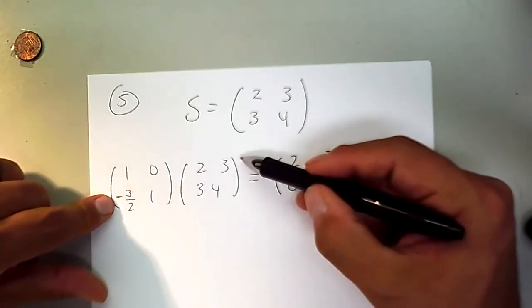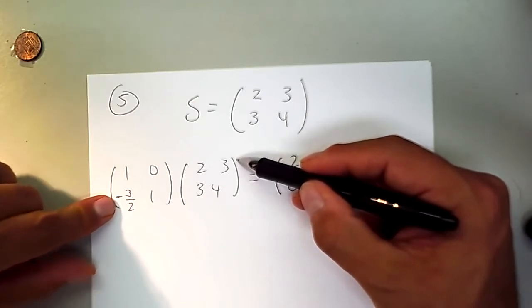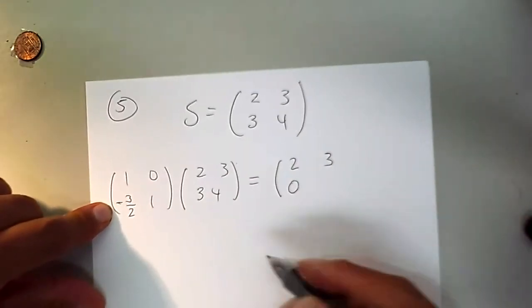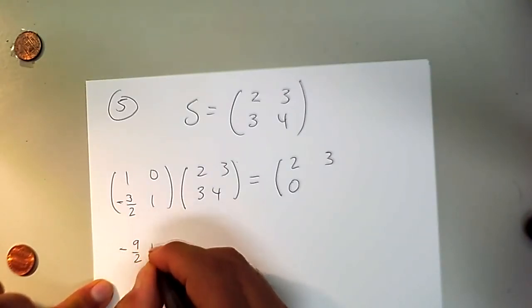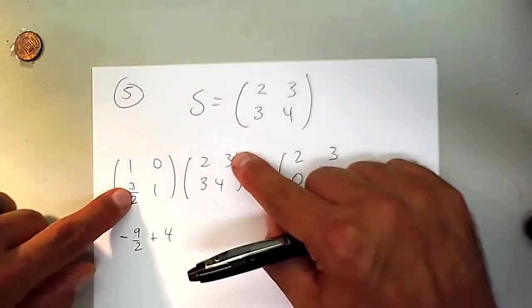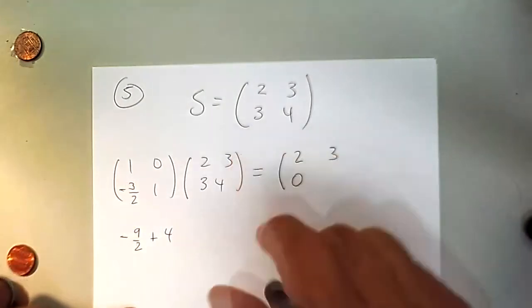And then when we multiply those two, we end up with negative 9 over 2. I'm going to do that computation down here. Negative 9 over 2 plus 4. So multiplying the two threes gives us 9, negative, over 2 plus 4.